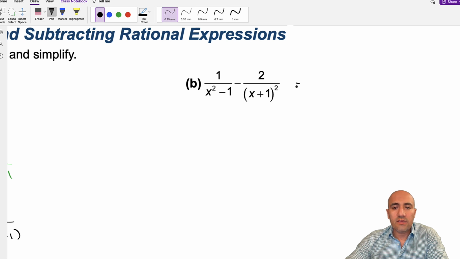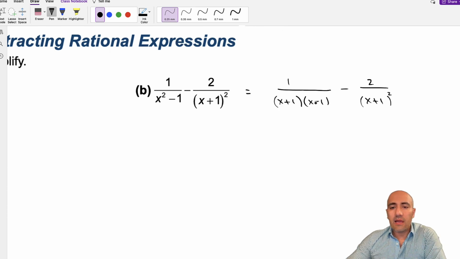So this turns into 1 over x plus 1, x minus 1, minus 2 over x plus 1 squared.